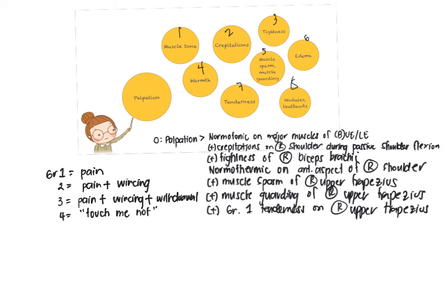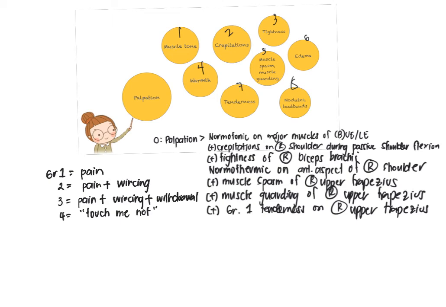So, it's important to remember that all elements should be present when grading tenderness. Both pain and wincing should be present if you're going to give it a grade 2. All three, the pain, wincing, and withdrawal, should be present for it to be grade 3. Okay?